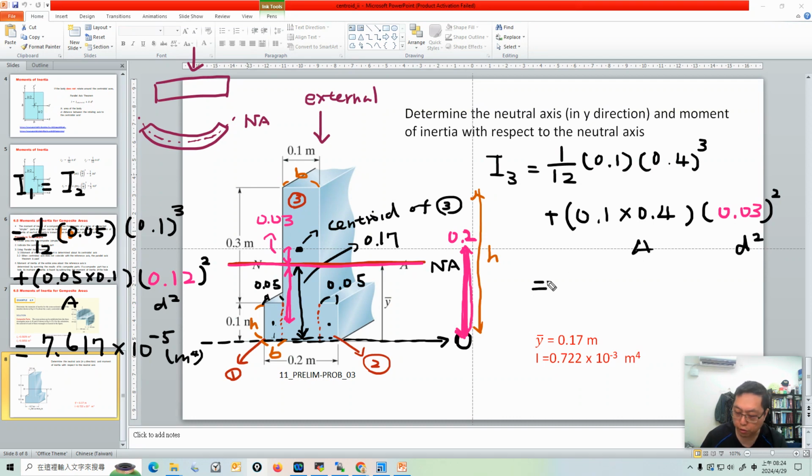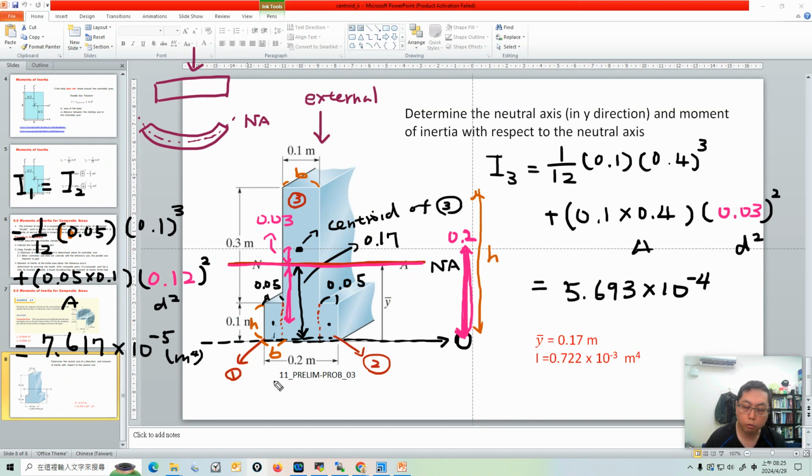So you'll have I3. Let me check the answer: 0.1 times 0.4 times 0.4 times 0.4 divided by 12, plus 0.1 times 0.4 times 0.03 times 0.03. The answer is 5.693 times 10 to the power minus 4.